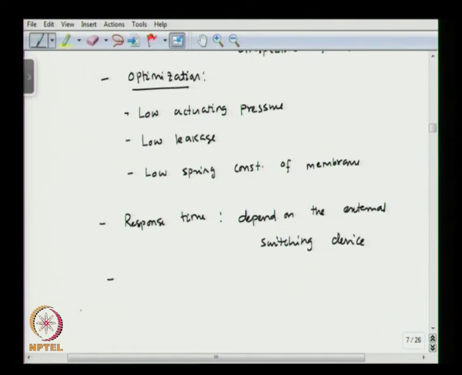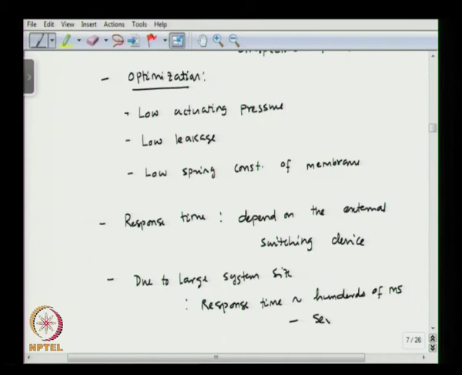And due to the large system size, the response time is typically large, of the order of hundreds of milliseconds to several seconds. So, the response time of a pneumatic microvalve is poor.